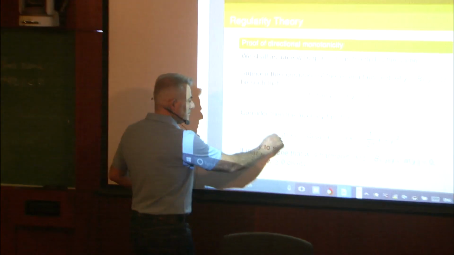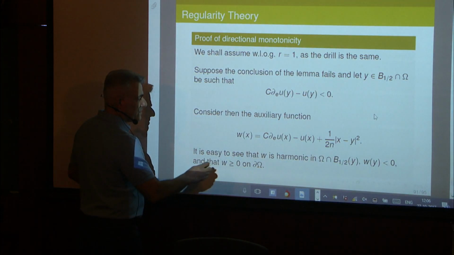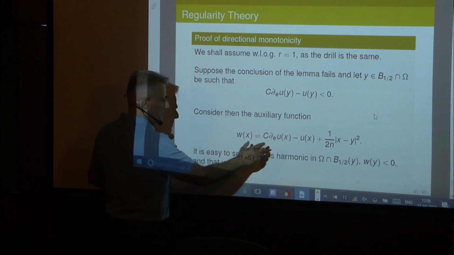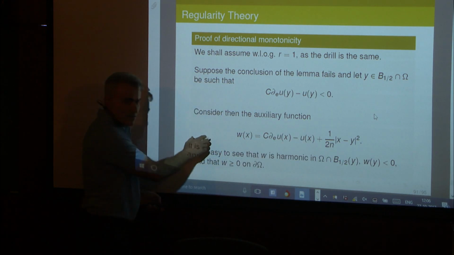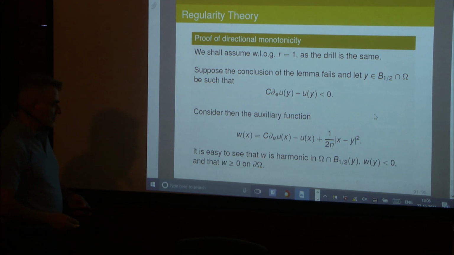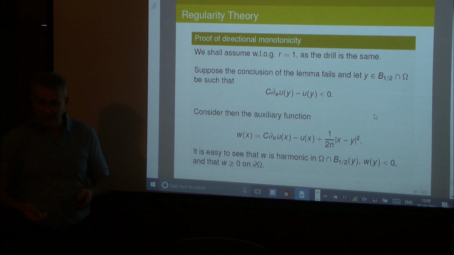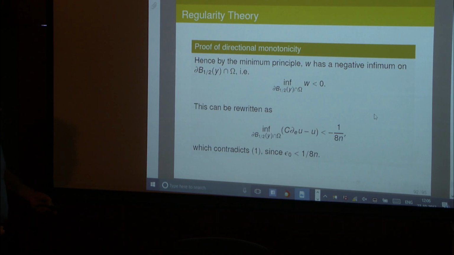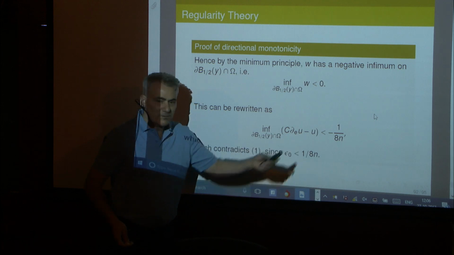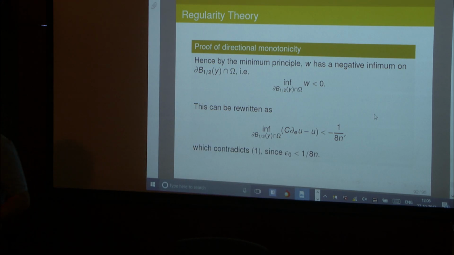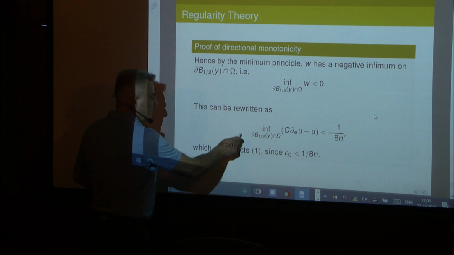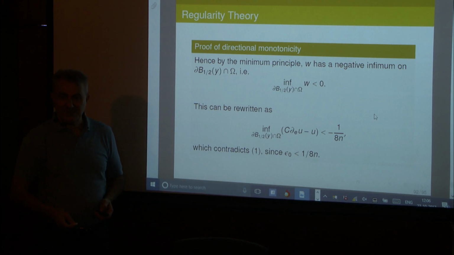This is negative. It means that if you go here, this is less than minus 1/8n. So the whole thing here is less than minus 1/8n. But recall that we said this guy is larger than minus epsilon 0, which is 1/8n, or less than 1/8n. So you get a contradiction.